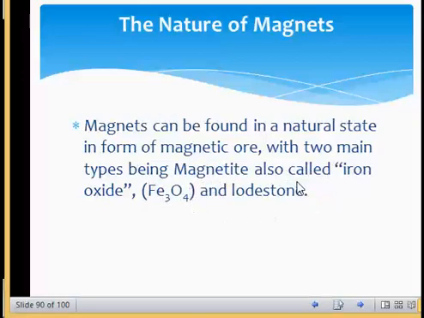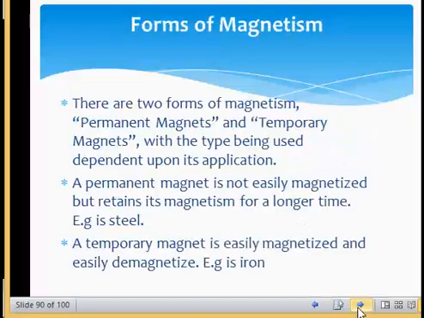It also exists as lodestone. So naturally these are natural magnets. They are found in nature to have magnetic properties. Magnetite and lodestone have magnetic properties naturally. They are not being made. They are natural.